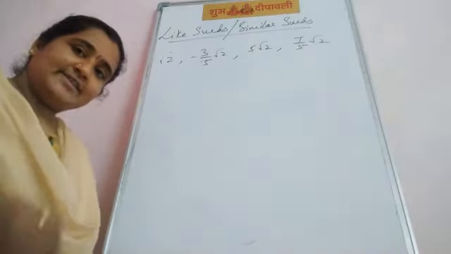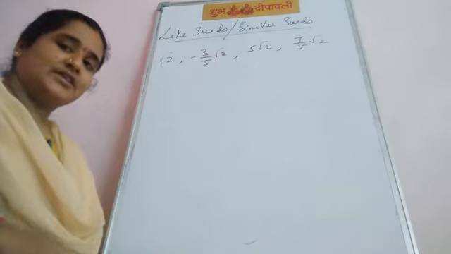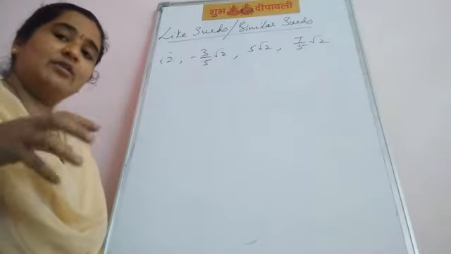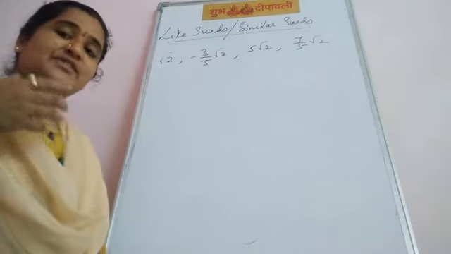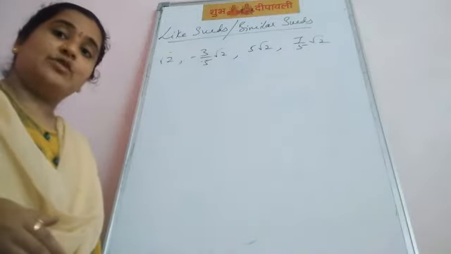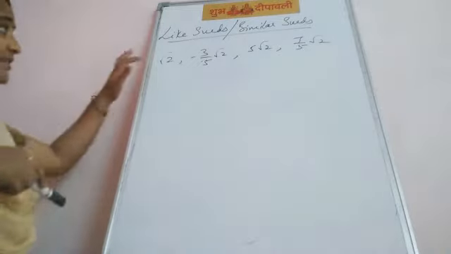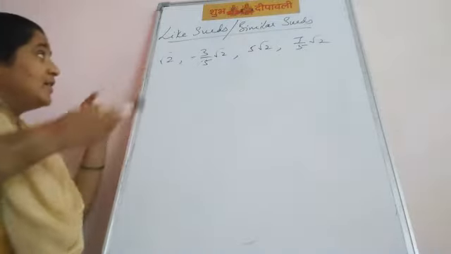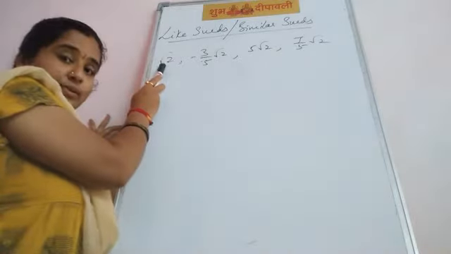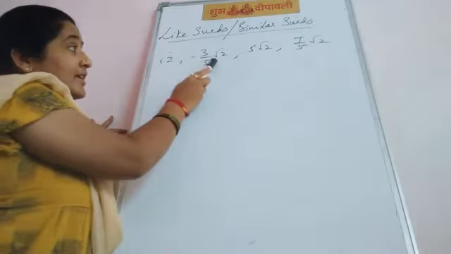Students, our next one is like surds or similar surds. Like surds. In algebraic expressions and equations we have like terms and unlike terms. So in this topic also, like surds and unlike surds. See here, some examples I have written. The first term is root 2, and the second term is minus 3 upon 5 into root 2.